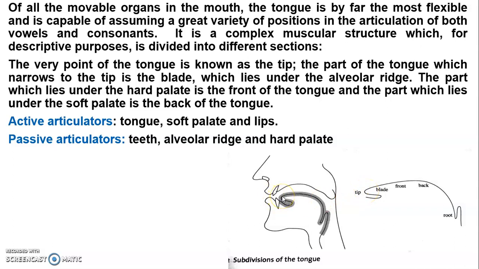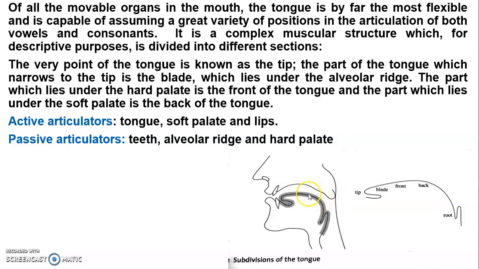The part of the tongue which narrows to the tip is the blade, which faces the alveolar ridge. That part which lies under the hard palate is the front of the tongue. And then we have the back of the tongue, which lies under the soft palate or velum.